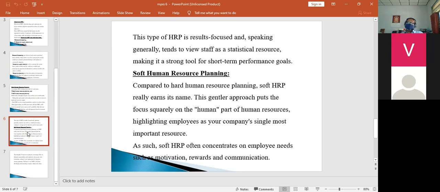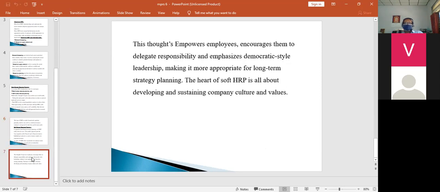And the major objective of both the parties is to maintain effective communication with each other, and both the parties should strive hard to reach the objectives or goals of the organization. Next, this thought empowers the employees and encourages them to delegate the responsibility.